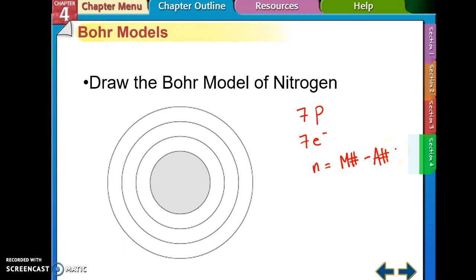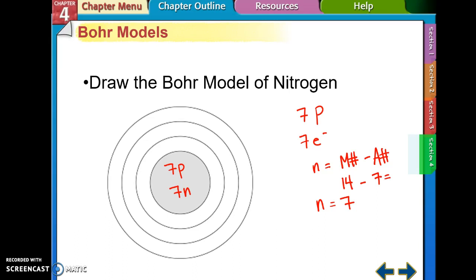When I look on the periodic table, nitrogen has a mass number of 14.01, so I'm going to go with 14. I've just rounded to the closest whole number. And the atomic number was 7, so that means I'm going to have 7 neutrons. The way that I draw this is, remember, my nucleus is where my protons and my neutrons go. So I'm going to put 7 protons right here, 7 neutrons right here.